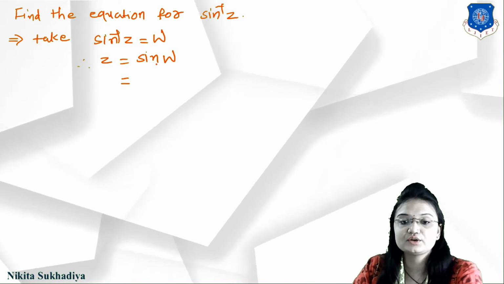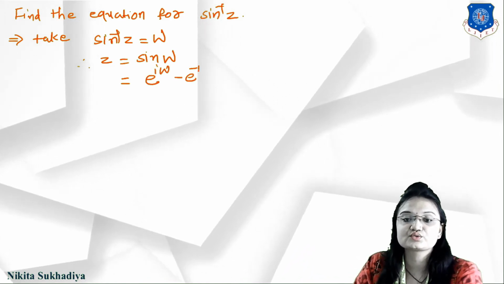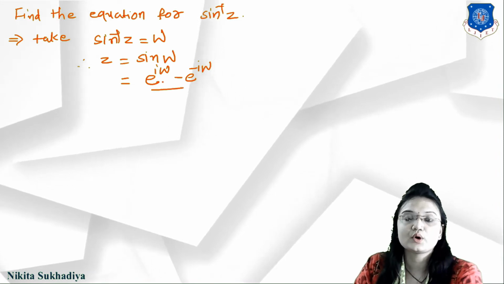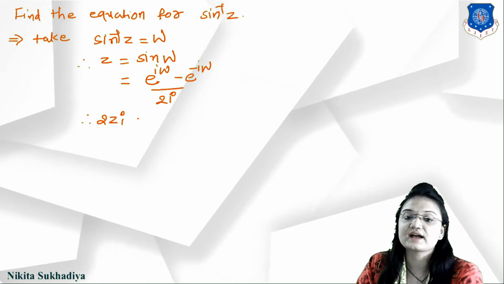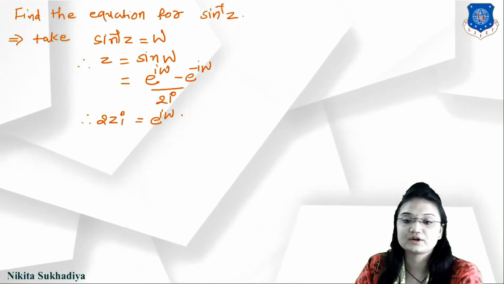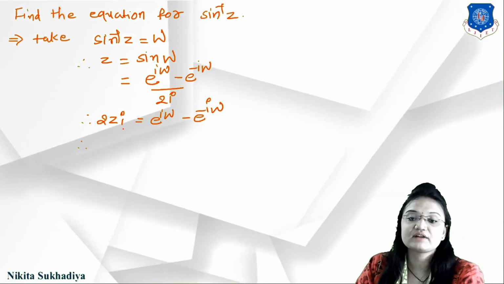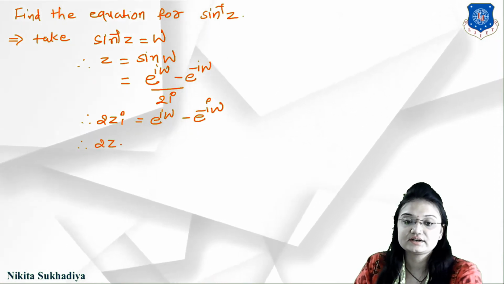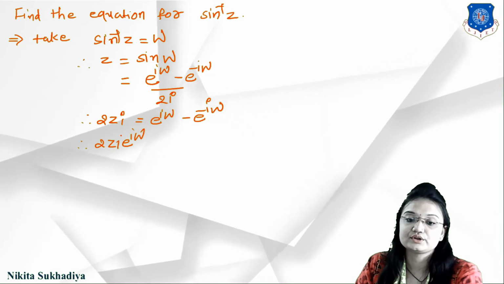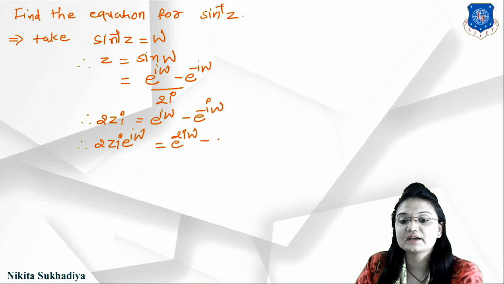Sine w is nothing but (e raised to iw minus e raised to minus iw) upon 2i. So this is nothing but 2zi is equal to e raised to iw minus e raised to minus iw. Now multiply with e raised to iw, so this will become 2z i e raised to iw is equal to e raised to 2iw minus 1.